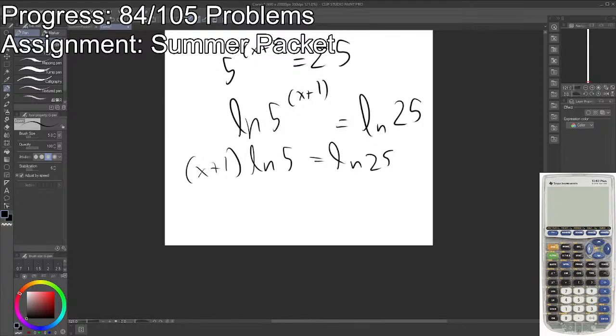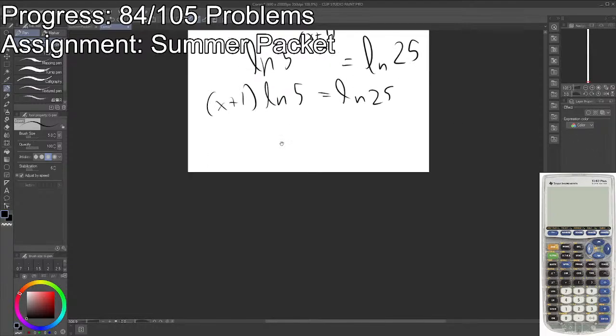It's not solving it using log. Here, I'll write a better one for photomath.